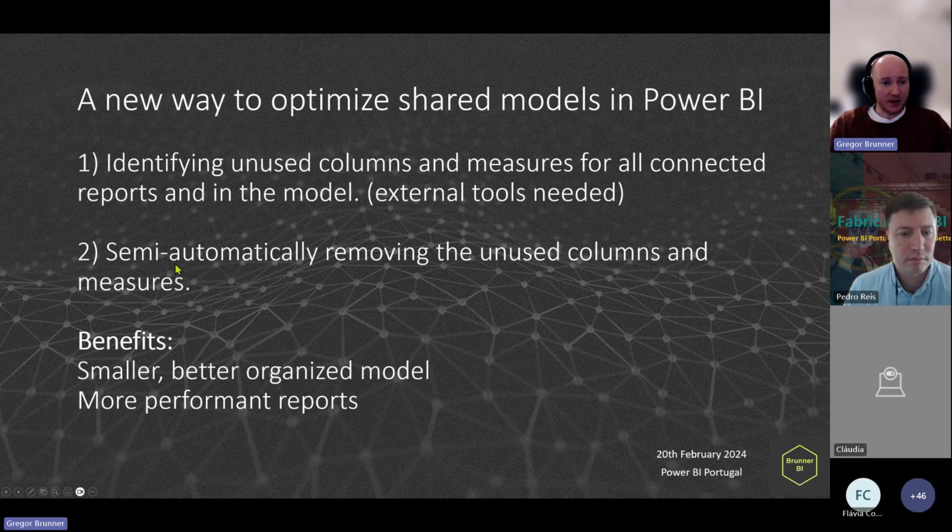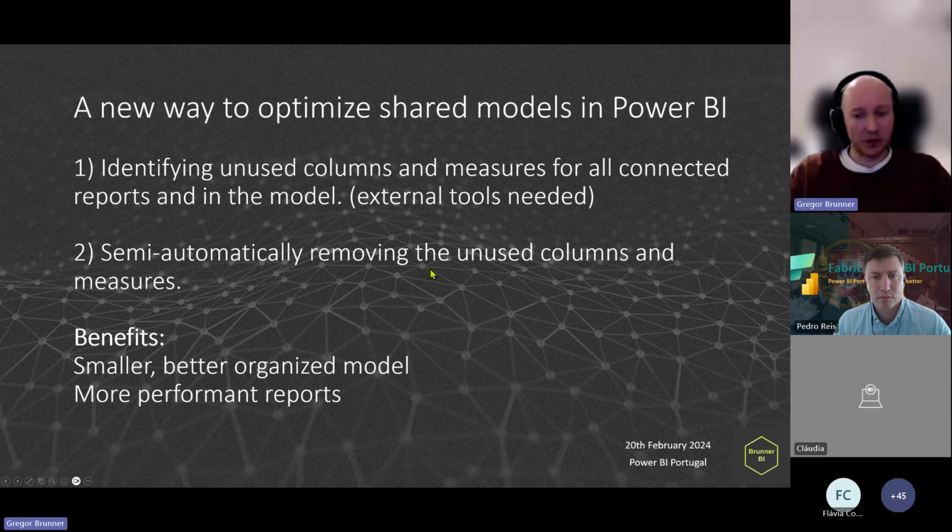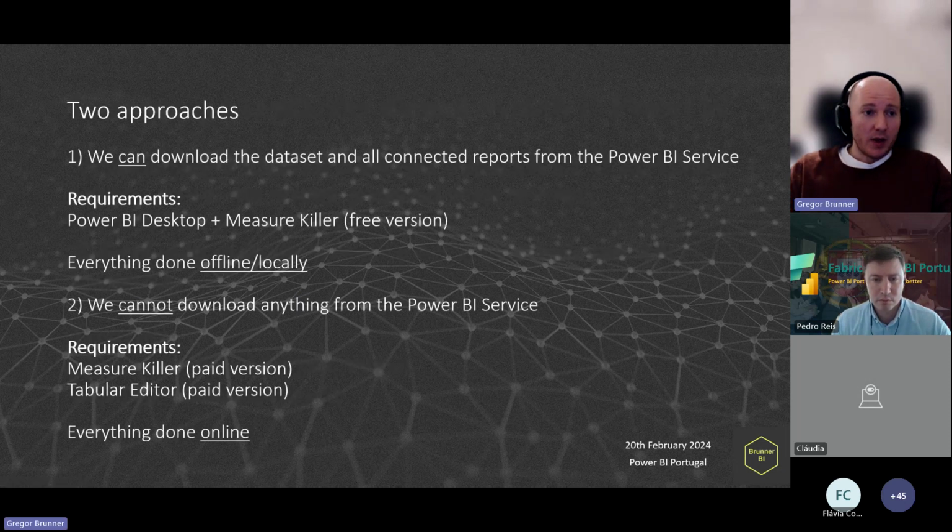And then the second thing is, after we know what is not needed, we're going to have an almost automatic way to remove the unused columns and measures from that model. So we have two approaches. The first one, where we can download the dataset and all connected reports from the Power BI service. So we need everything locally.